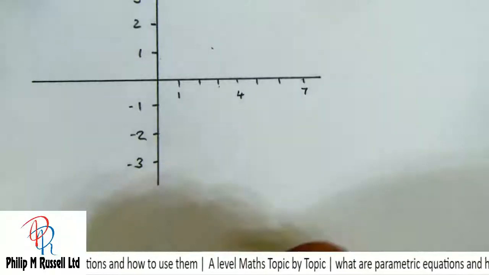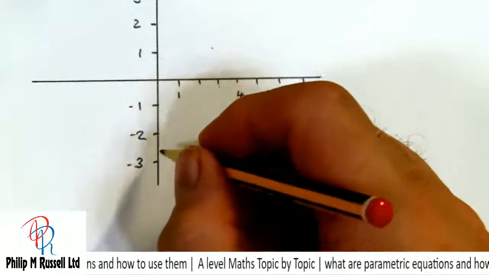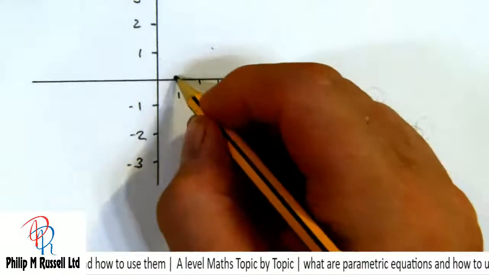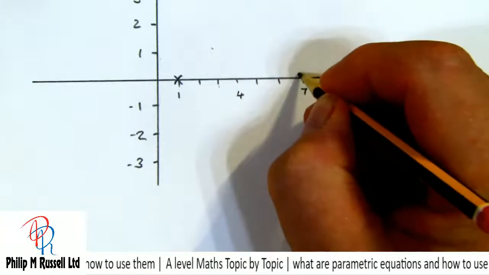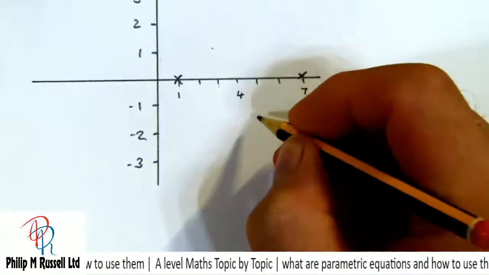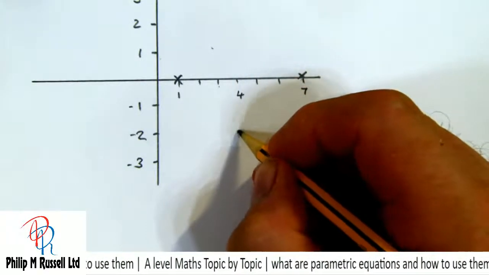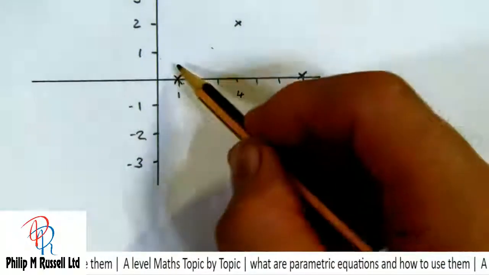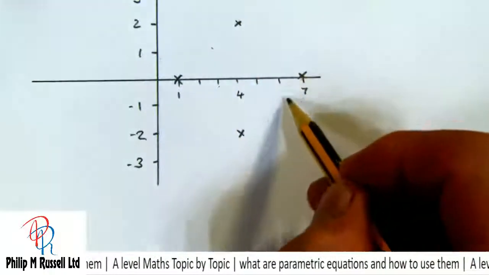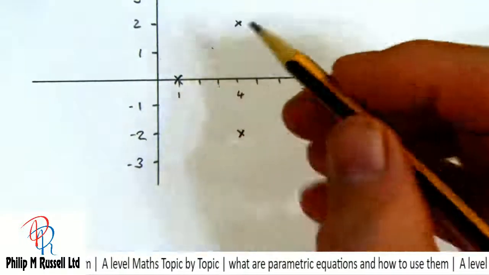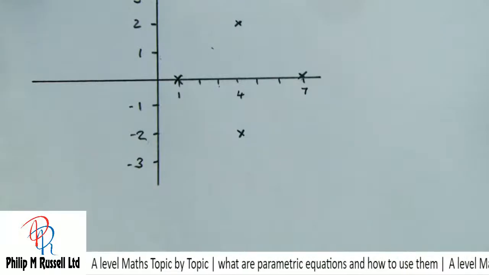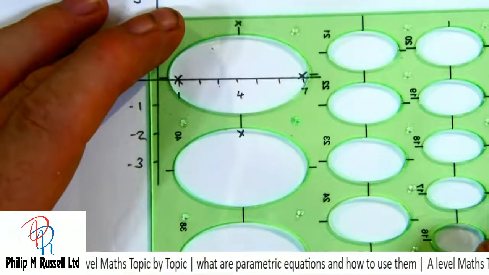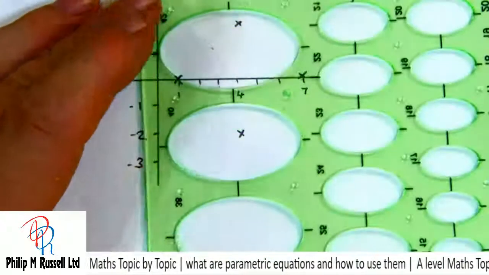So if I put in my values, we've got 0 and 1, I've got 0 and 7, I've got these values, then in fact if I try to draw this, I can see that this is going to be something like one of these ellipses.